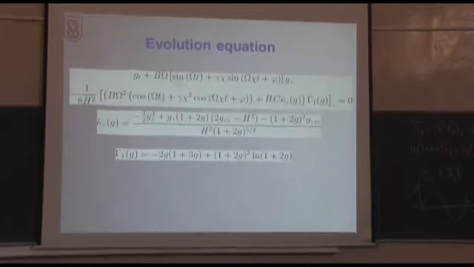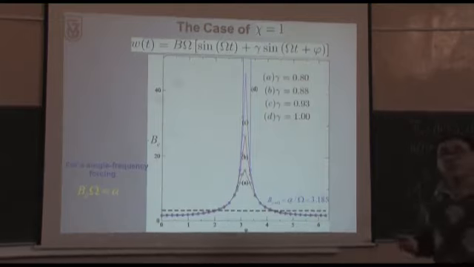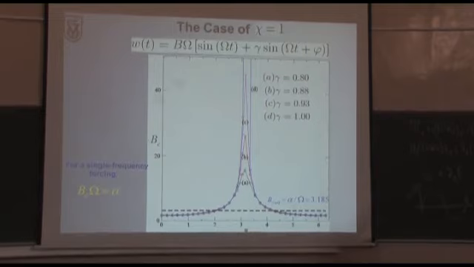Okay. So now we want to solve this equation. First, a trivial case, sorry for trivialities, but before we go into complicated things. Chi is 1. Chi is 1 means you force the system with the same frequency. There might be some phase shift, but essentially the same frequency.